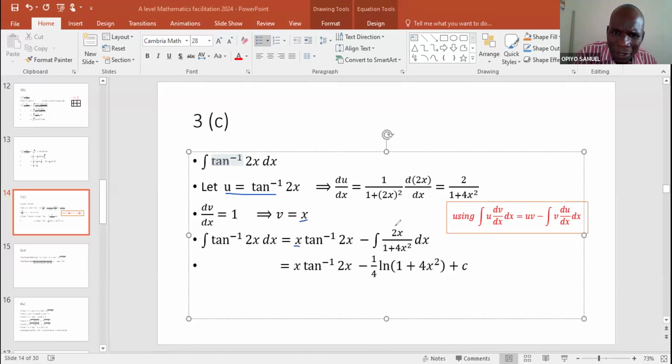So I have only 2 here, meaning the missing term is 4 up here. So we can express this as 4 out of 4, so that when I multiply this 4 by this 2, I get 8. Outside we shall remain with 1 out of 4. So when I differentiate this, I now get 8x. So this is natural log of 1 plus 4x squared. This will be the solution to the problem.